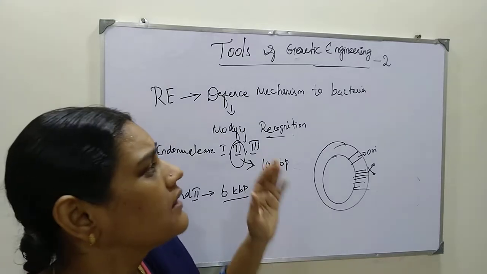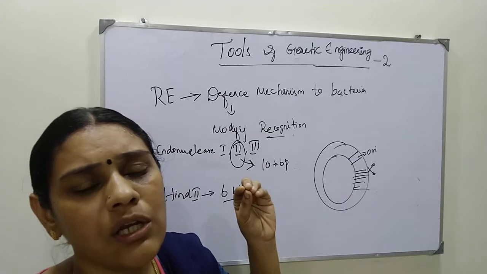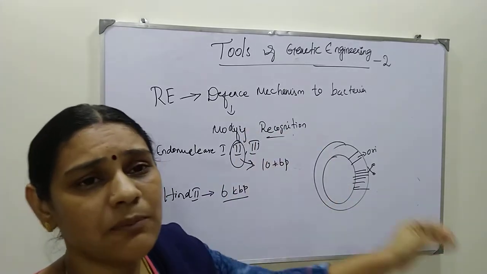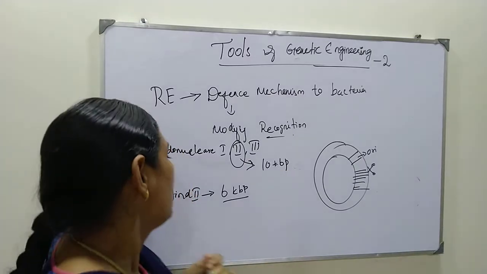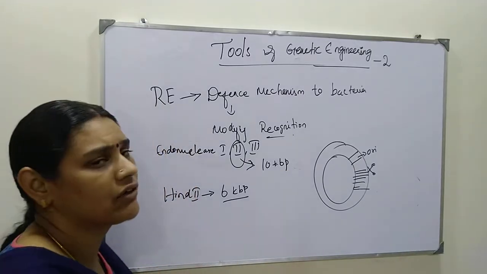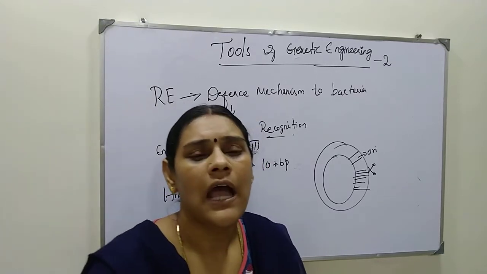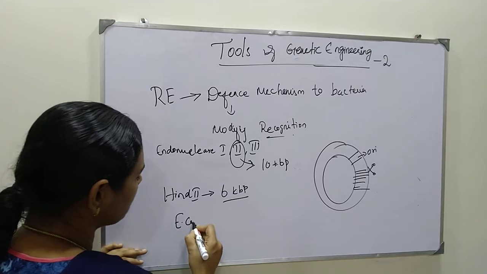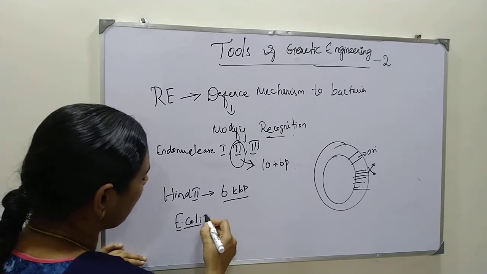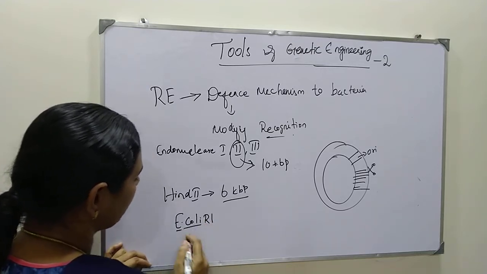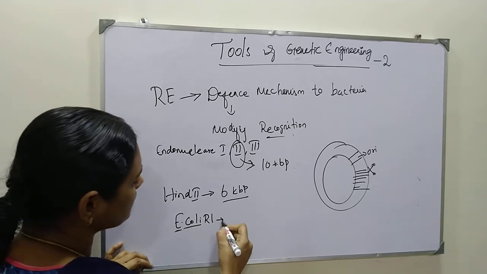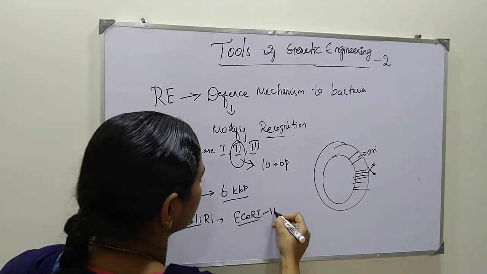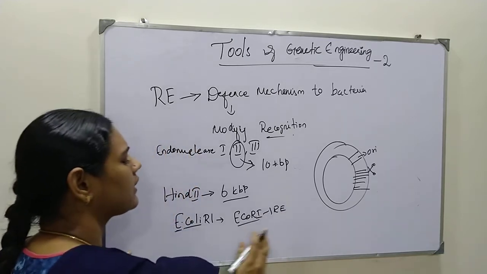They follow a very unique standard procedure for naming these enzymes, which is given in the textbook. I'll tell you with the example of E. coli R1, one of the famous restriction endonuclease enzymes. How did they give this name?